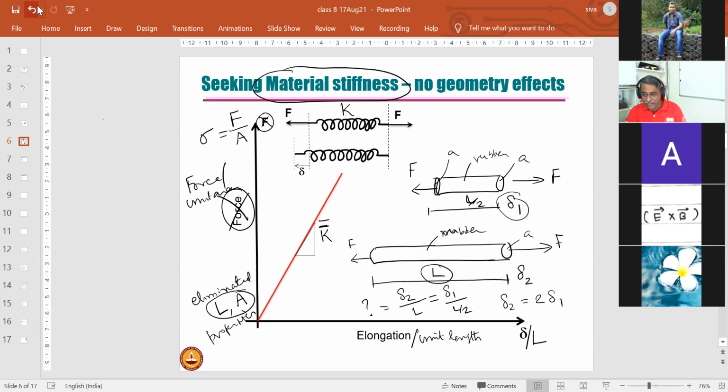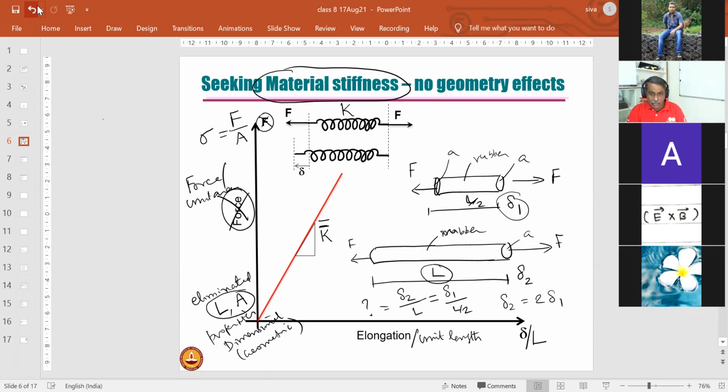What other name can I give? What kind of property are length and area? Dimension. Very good. So it is dimensional properties, right? Dimensional properties, or I can say geometric properties.